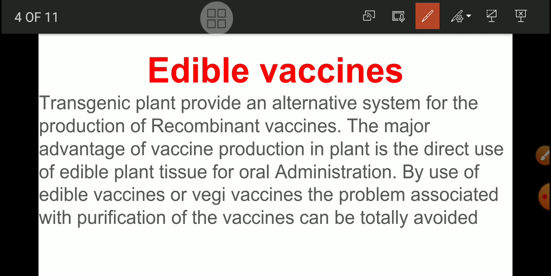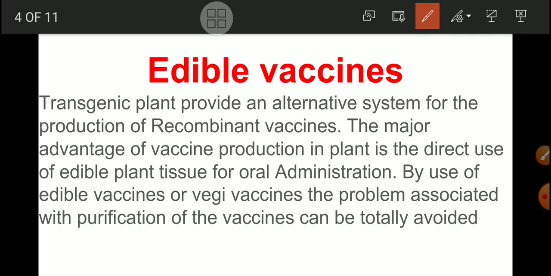Out of that, Covishield is one, another is Covaxin. In other countries also, the vaccines against COVID-19 have been produced and approved by their governments. We know Sputnik from Russia, Pfizer from America. So like that.